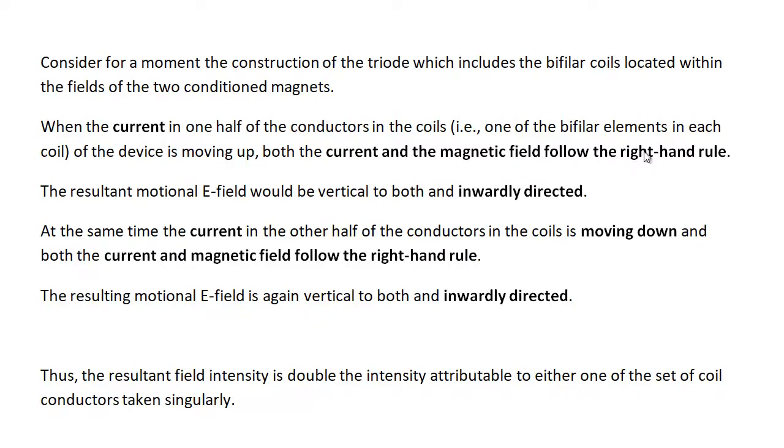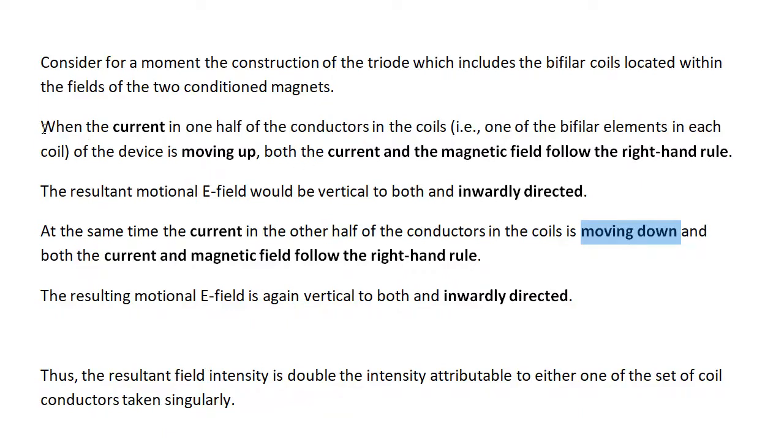No grip in there, but right hand rule, people know what I'm talking about. Things like one of them is moving up while the other one is moving down. Okay, so we're talking about different velocities, different directions. Well, the velocity will be the same as a matter of fact, but the direction will be different.